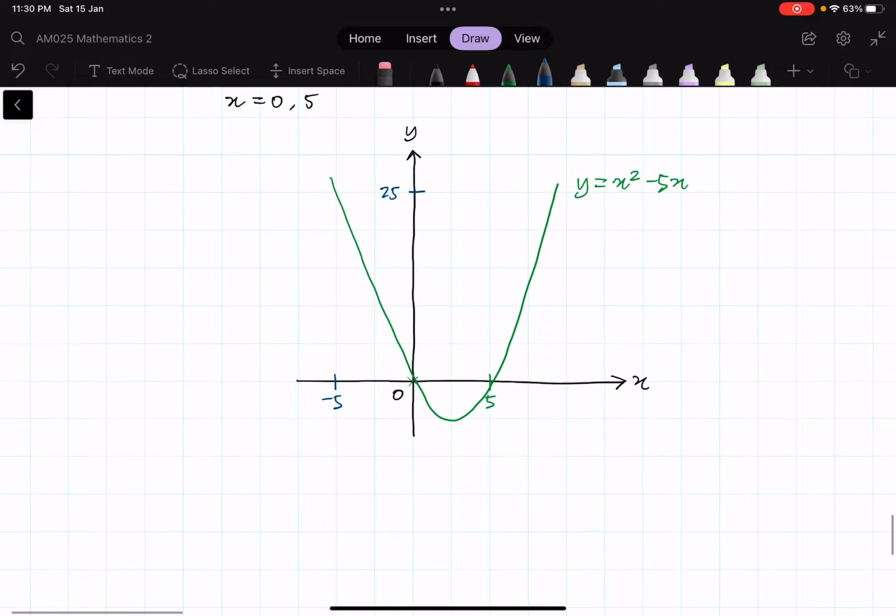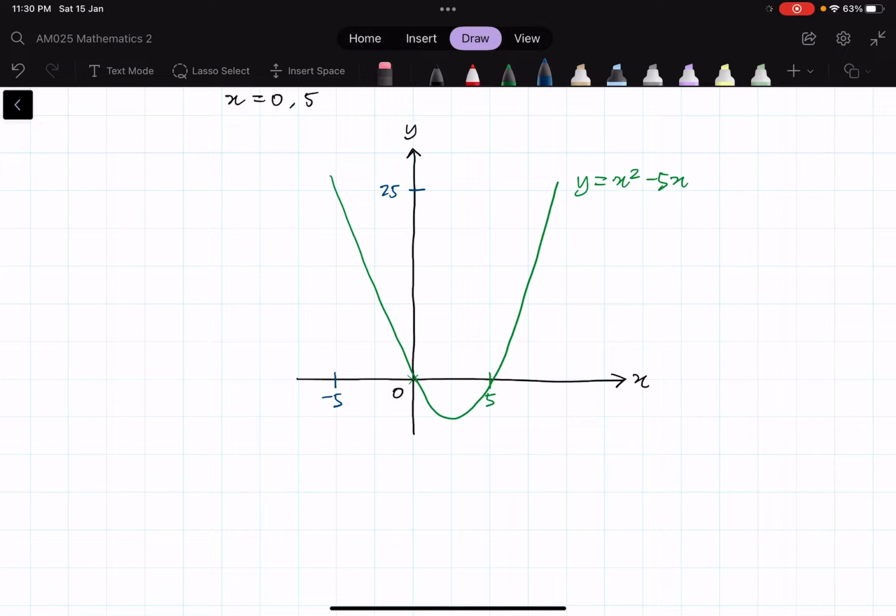So let us sketch. So these are y equals 25 minus x squared.